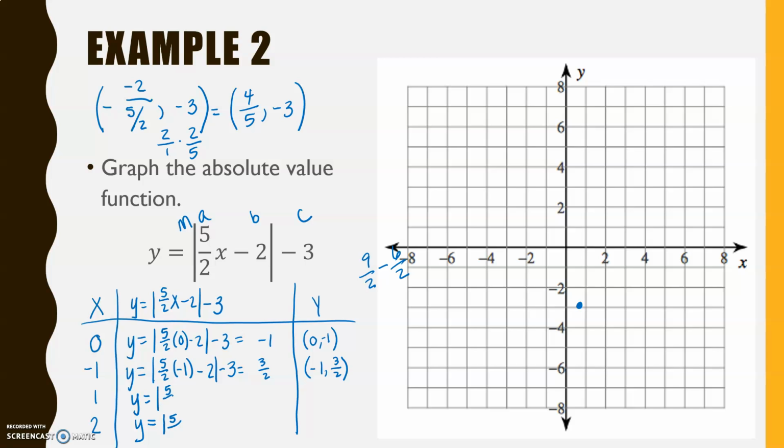But I would get 5 halves times 1 minus 2 minus 3. And this is going to give me 5 halves minus 2 halves, minus 1/2 minus 3. I'm going to get negative 5 halves.